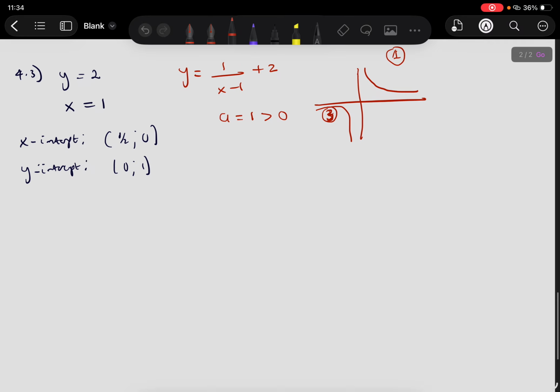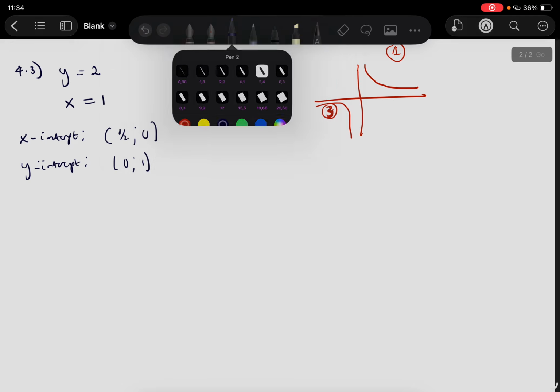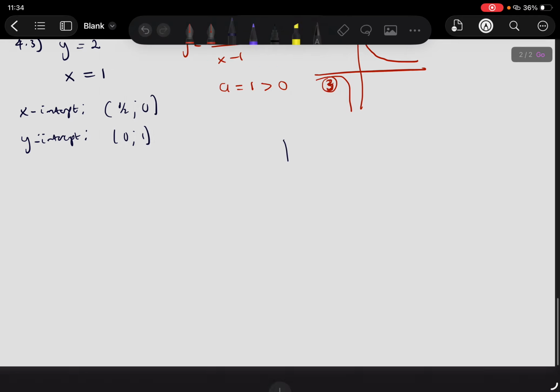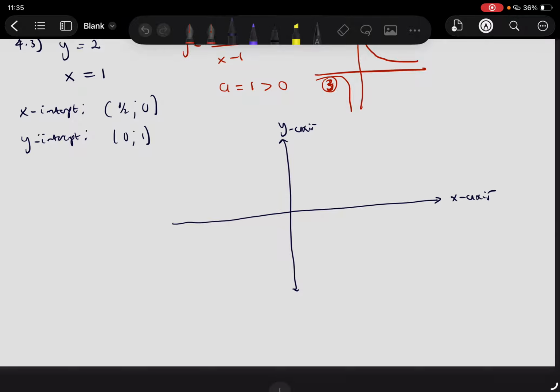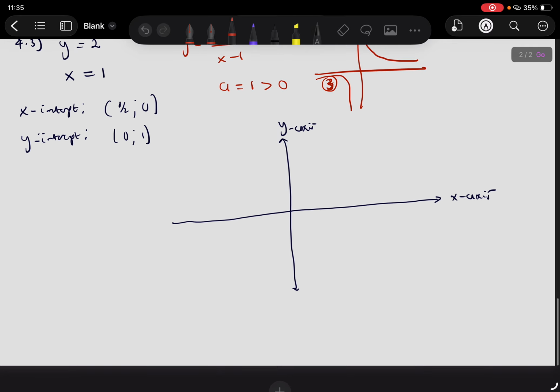Right, so let's draw the graph that we were asked to sketch. We first start with our axes. So this is your y-axis. Then you draw your x-axis. Then let's look at the asymptotes. Our first asymptote is y is equal to 2.